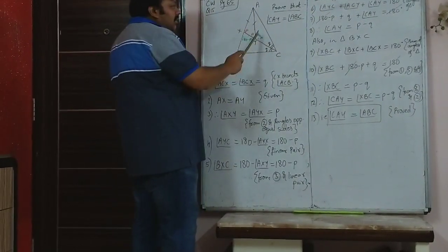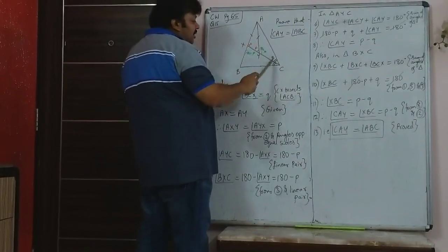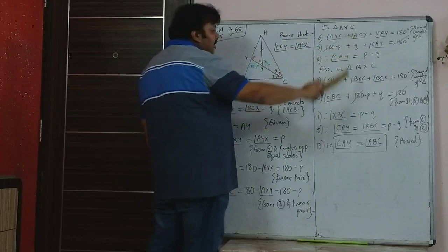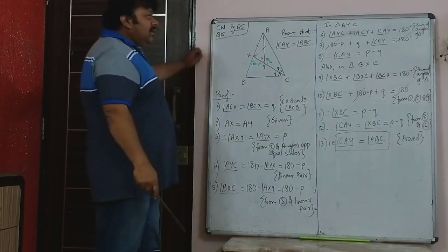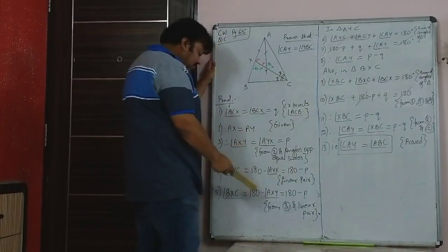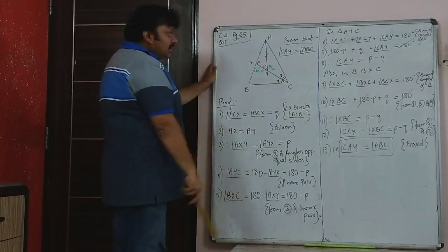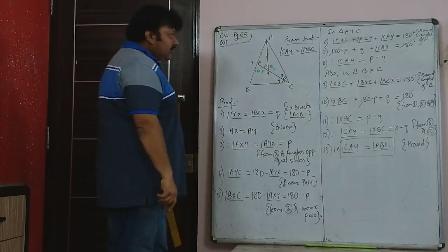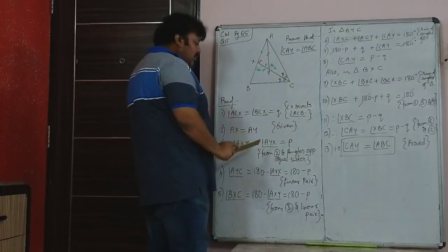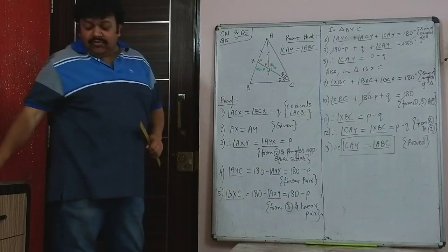In this triangle, AYC plus ACY plus YAC, the three angles add up to 180 degree. So instead of AYC, we have substituted 180 minus P because we got that in step number 4. And instead of ACY, we got Q, that is in step number 1.